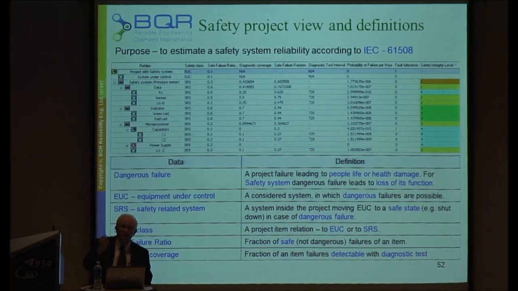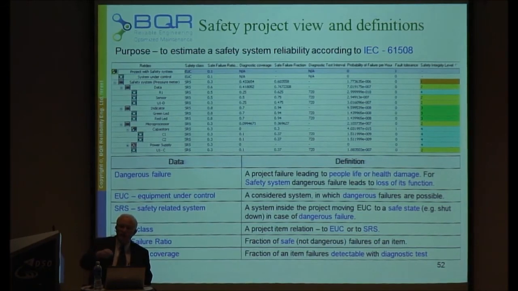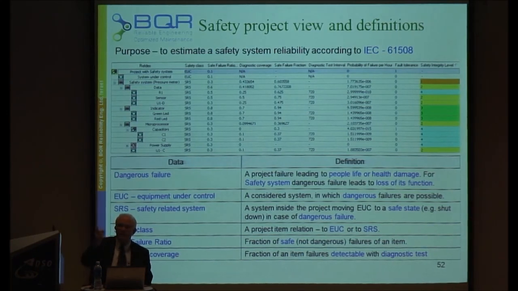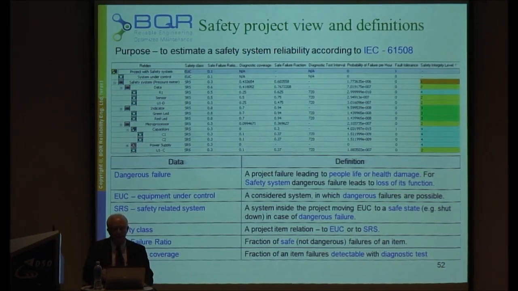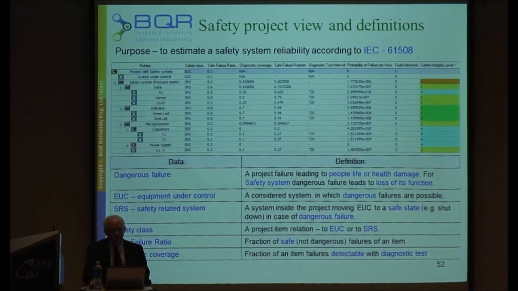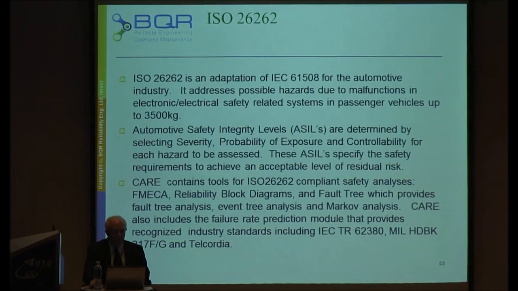And of course, the electronic system behind this can be checked. The only component that cannot be checked is the sensor at the end. All other electronics can be checked, and this is done according to the IEC 61508 to give you the safety integrity level. There is another one for automotive also.